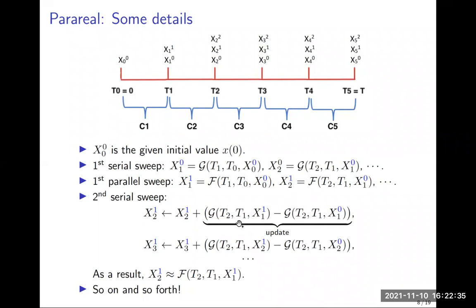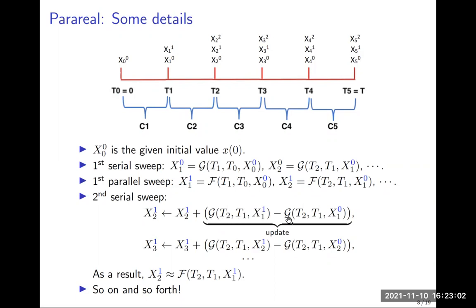All right, so this is what the update step is. In the first term here, you can see the update is the difference between two solutions, right? The first solution, you propagate from T1 to T2 using the updated initial guess from your parallel sweep, using the coarse solver.